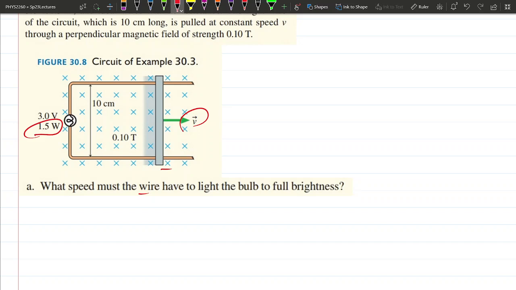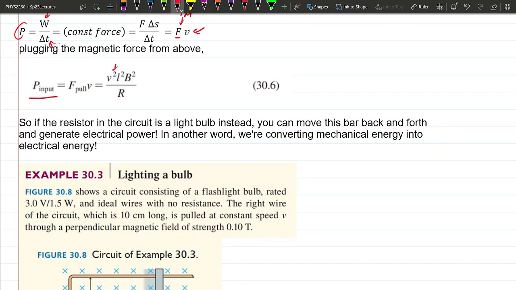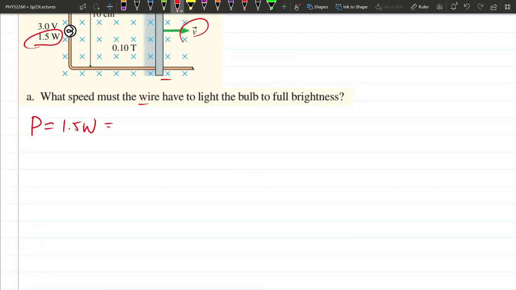So the amount of power we want out of this is 1.5 watts, and we have an equation for this up here: v squared, L squared, B squared over R.